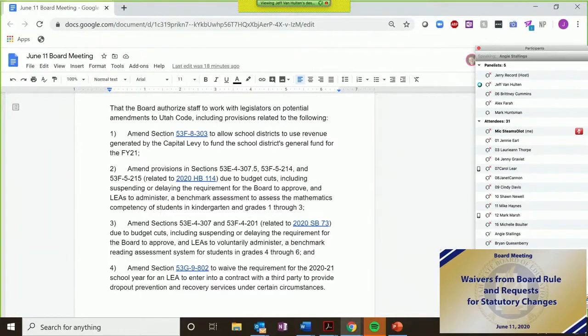So the legislature supported it, and it will be contingent on the constitutional amendment passing this fall. But we would like to have it for the 2021 school year. If we wait for HB 357, that may not be available until the school year after, because it's not in effect yet.